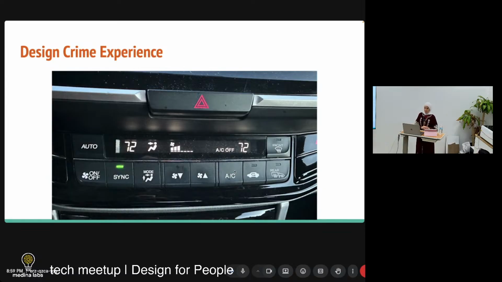So again, I call this a design crime. One idea would be to have a light indicator like this one, and if it's green, I know it's on. So just make it easier. But I don't know if anyone has a different solution for that.